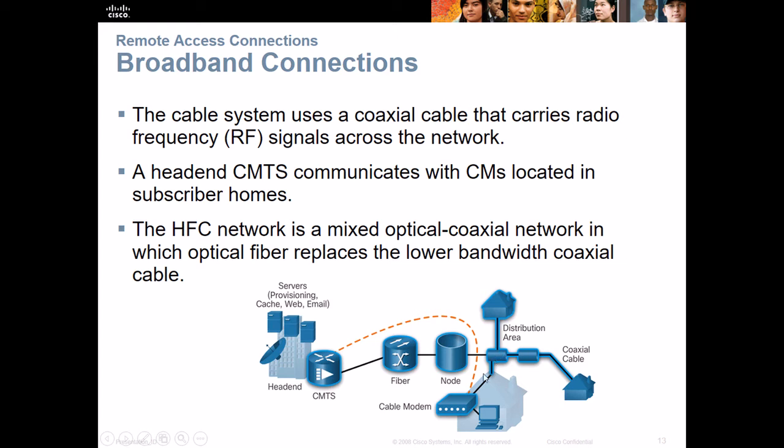What carries all the way to the CMTS, the head end where your cable company is, it's all really fiber. So there's not really much difference between the cable and fiber, except fiber goes straight to your home as well.